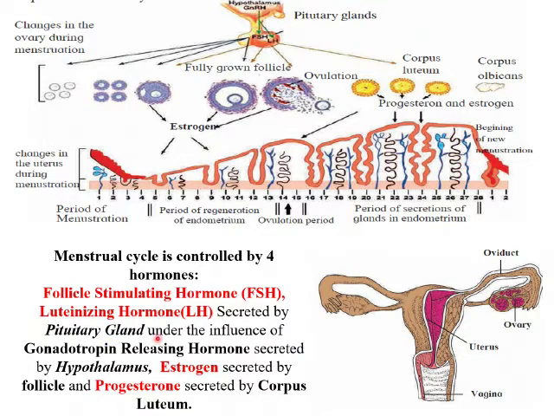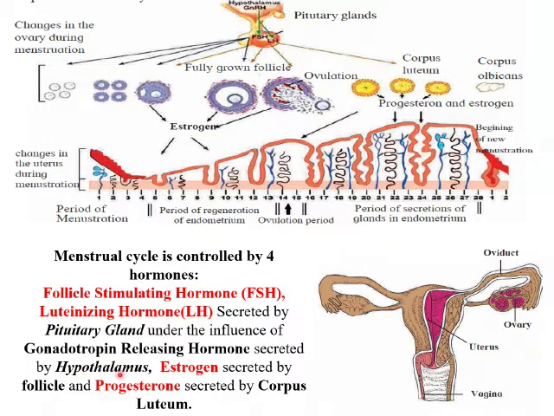This pituitary gland secretes follicle stimulating hormone and luteinizing hormone under the influence of gonadotropin releasing hormone secreted by hypothalamus. Hypothalamus is a small region in the brain and very close to the pituitary gland. Hypothalamus is very important because it secretes various hormones, and it even controls the body temperature.